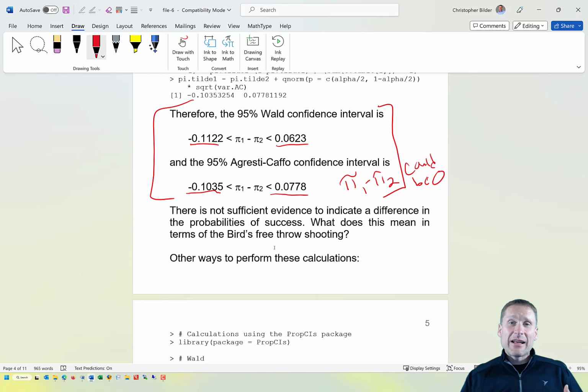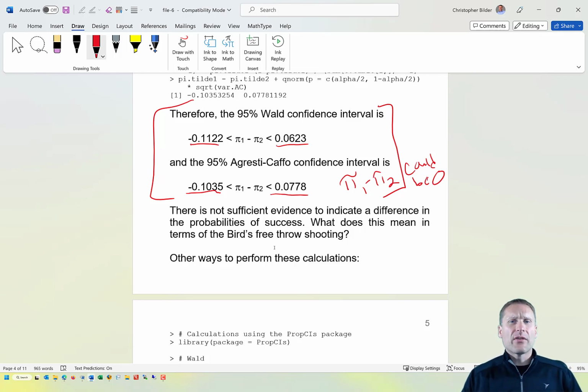Thus, in terms of the population itself, what happens on Larry Bird's first attempt might not have an effect on what happens on his second attempt. Therefore, we do not have sufficient evidence to indicate that the outcome of Larry Bird's second attempt is dependent upon what happens on the first attempt.